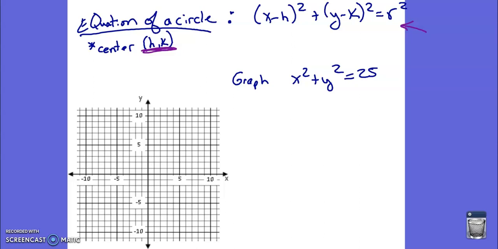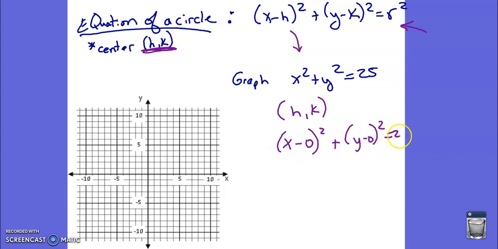So if I ask you to graph x squared plus y squared equals 25, what you're going to do is notice that in this formula, what is my (h, k)? Well, that literally is x minus 0 plus y minus 0 equals 25.